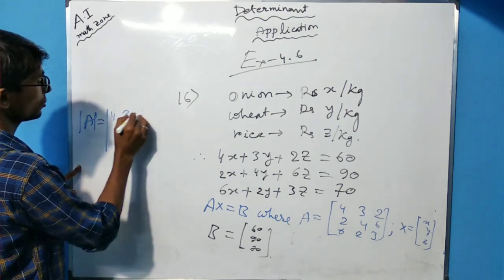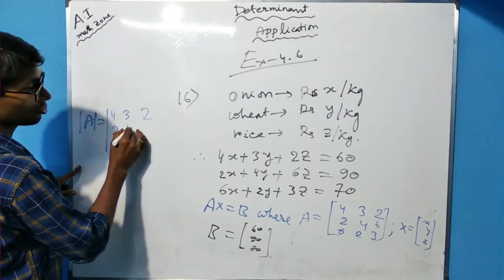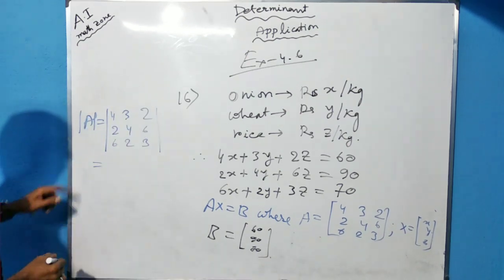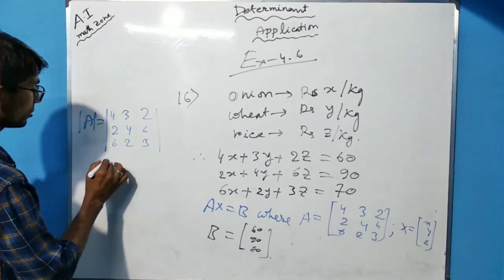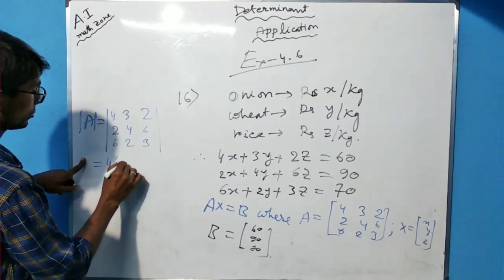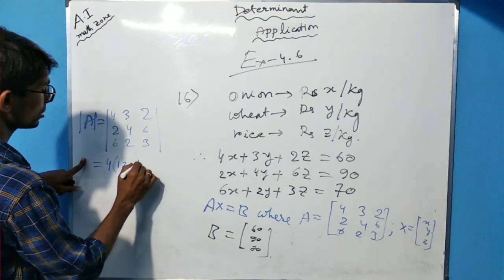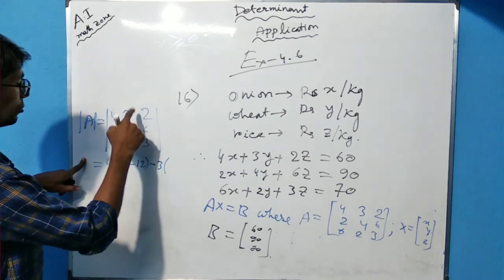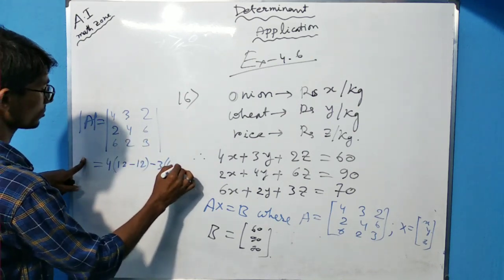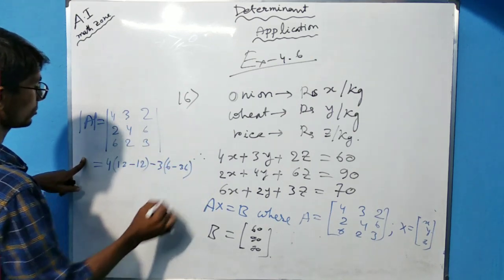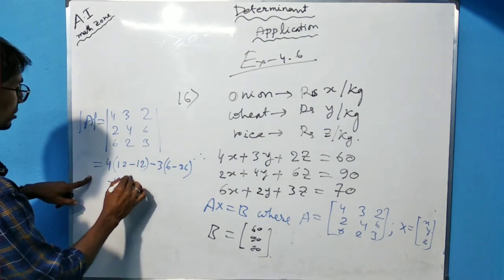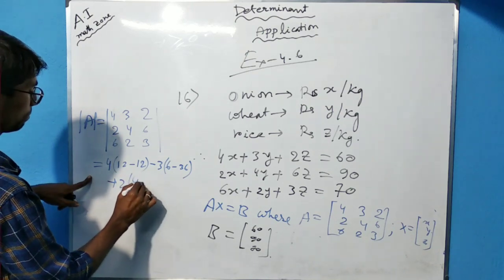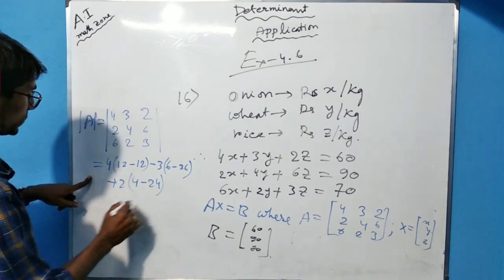Now calculate determinant of A, which is equal to determinant of 4 3 2 2 4 6 6 2 3. So this equals to how much? 4 into 12 minus 12, minus 3 into 12 minus 36 plus 2 into this one.